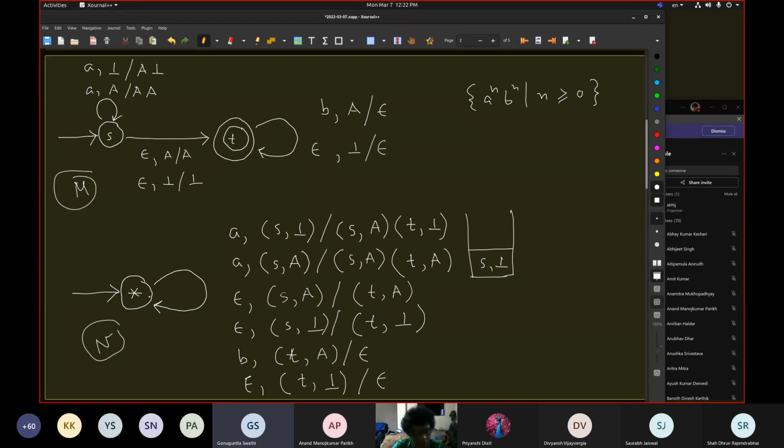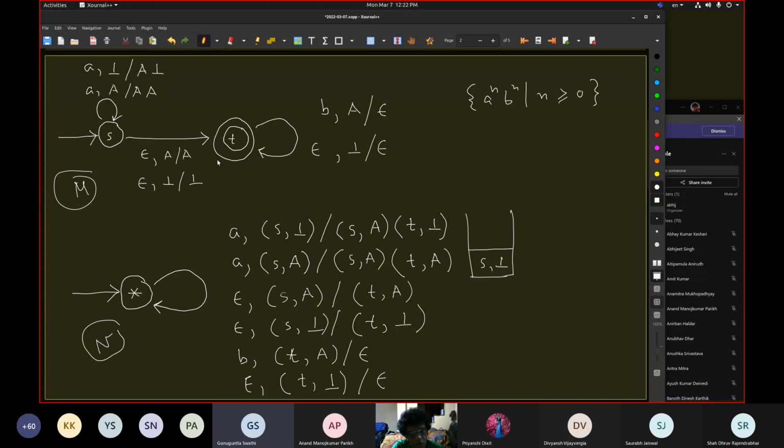Okay, so this example is actually, I would say, a little bit misleading because this is a very simple machine. So there is always a transition from S to T, but no transition from T to S. S is meant only for pushing, T is only for popping.